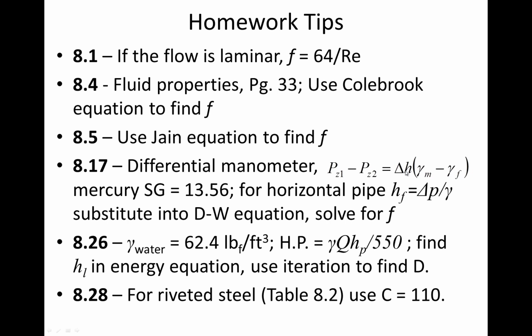So for the delta h they give you in that problem, you'll need to find the difference in the unit weights, and from that you'll find the delta P. And if the pipe is horizontal, then you can find the head loss between 2 points. The only reason there's a difference in pressure in this example is that head loss is occurring, frictional losses due to flow through the pipe. So that delta P can be used to calculate the h sub f.